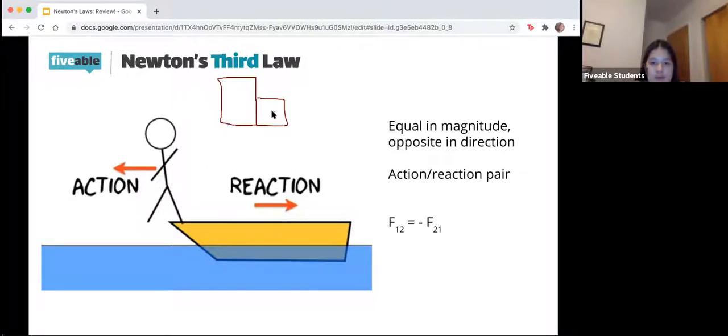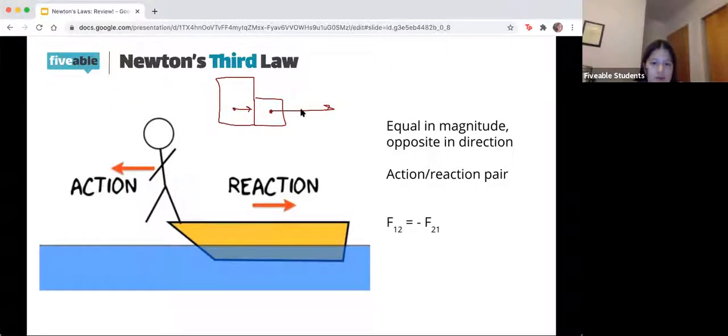Everything's being moved to the right. Let's say I'm pushing everything, and this arrow is not drawn to scale at all. Let me just say I am pushing this big box on the left.